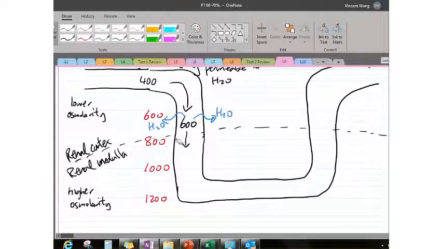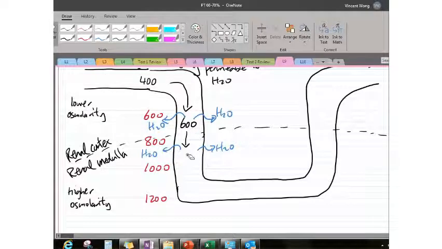Comparing 600 to 800, that will allow you to absorb even more water. That's why we need the osmolarity of the kidney to be increasingly more concentrated as we go down into the medulla. We don't just want to absorb water at the initial step. We want to absorb it all the way through, so you can take back as much water as possible to conserve it, so you're not going to become dehydrated.